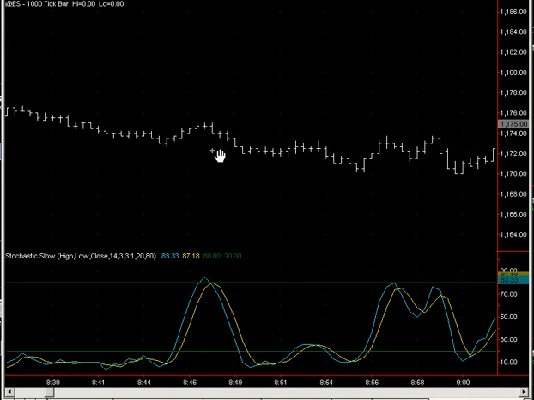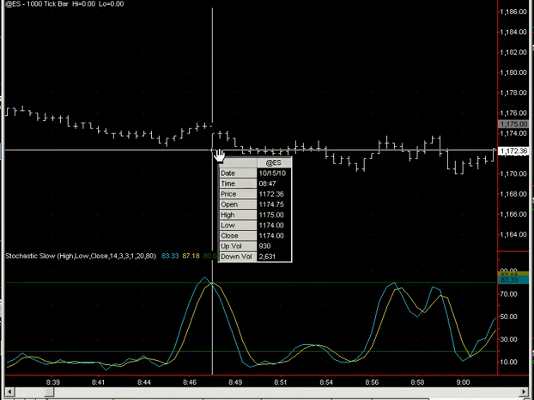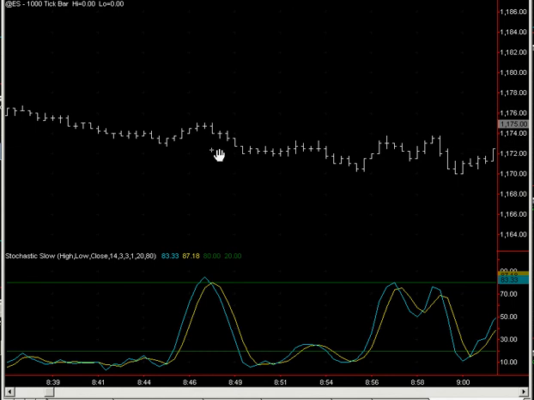Stochastics are calculated based upon the close of the bar. However, what if we were to figure out a way to run that calculation before the bar closes, and perhaps at specific intervals during the formation of that bar?